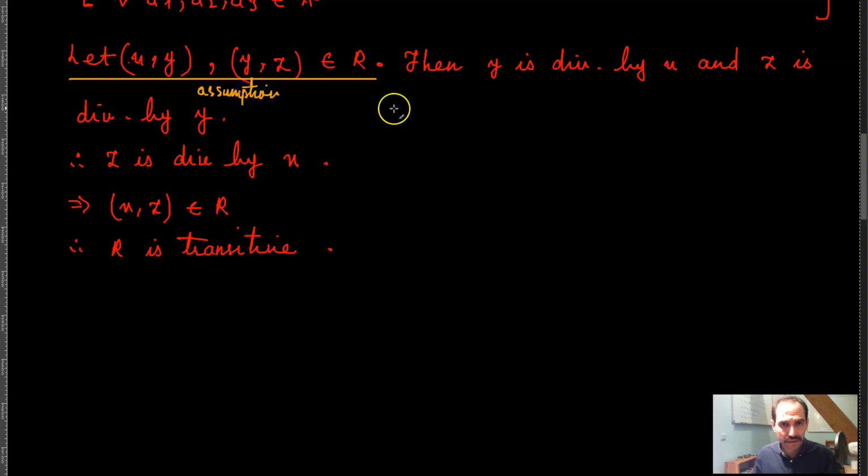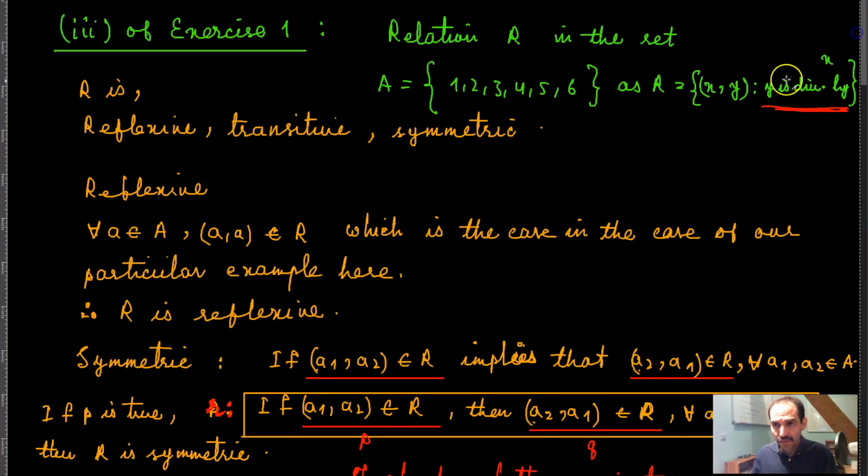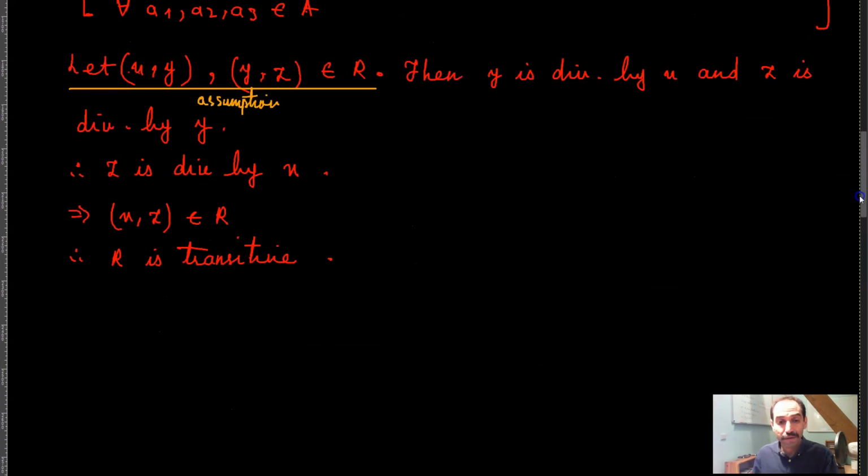Now, using this assumption, I can say that y is divisible by x and z is divisible by y, and that conclusion is based on the rule that we have here, right? So here we say that if (x, y) belongs to R, then y has to be divisible by x, right?